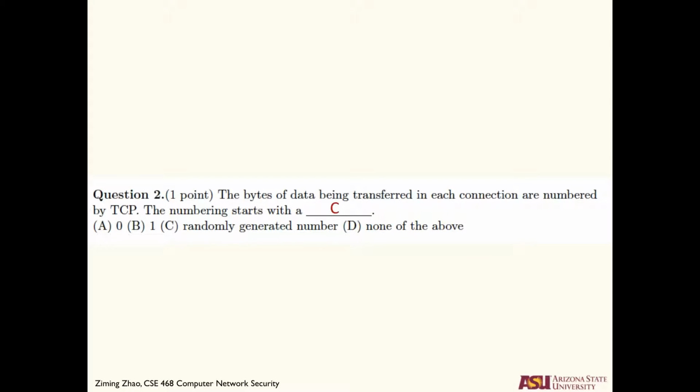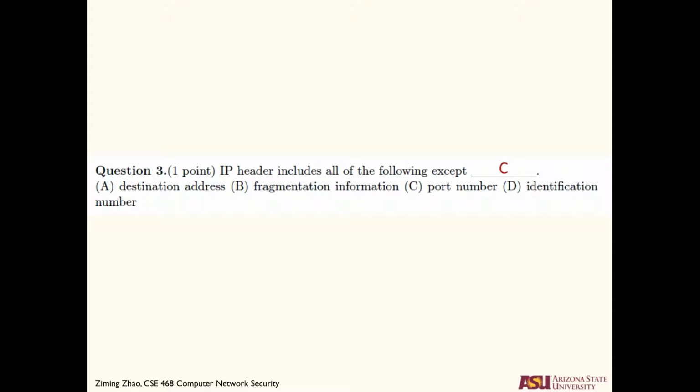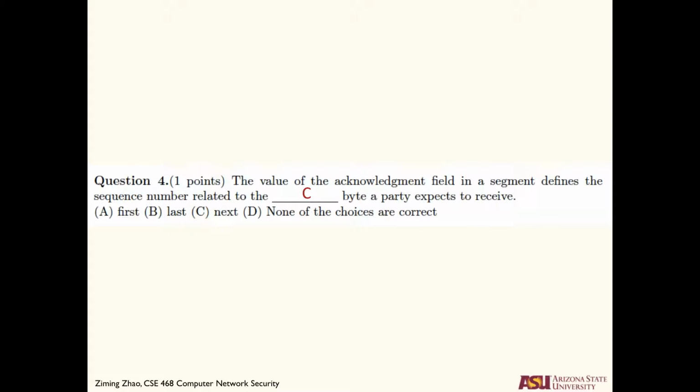The next one: the initial sequence number in TCP should be randomly generated for security reasons. And question 3: the port number is not part of the IP header. It's part of the TCP or UDP header.